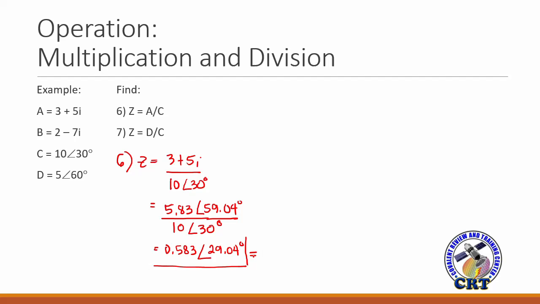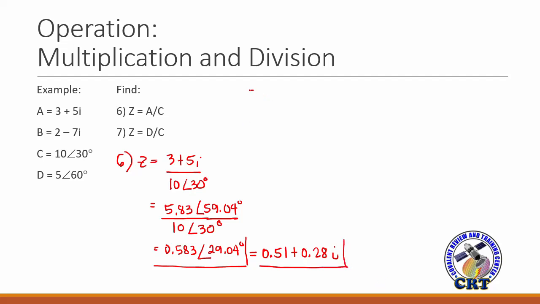I will be using the rec function from my calculator. So rec 0.583, 29.04. And this is equivalent to 0.51 plus 0.28i. So this is in rectangular form.